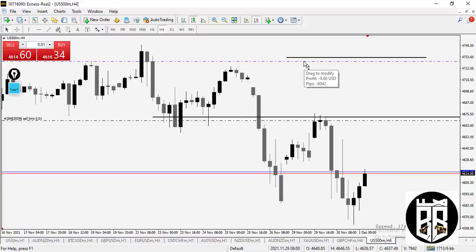So actually we can increase our position size to 0.02, which we earlier calculated.